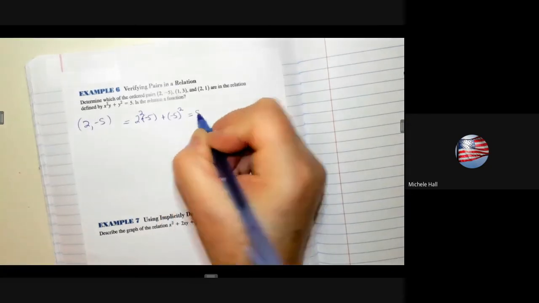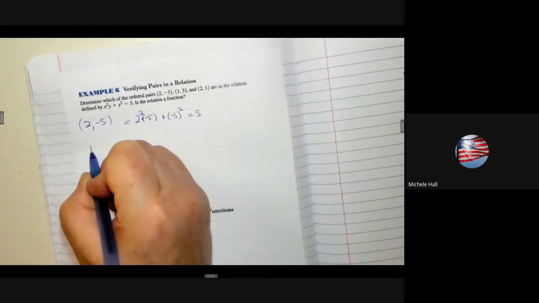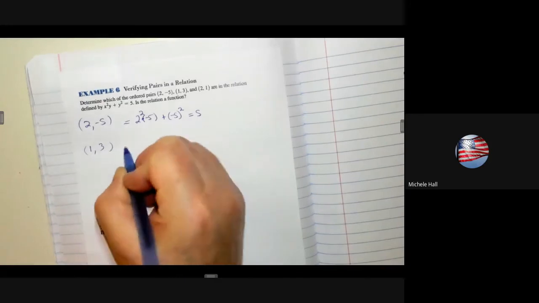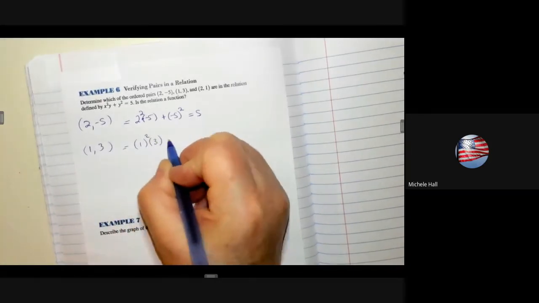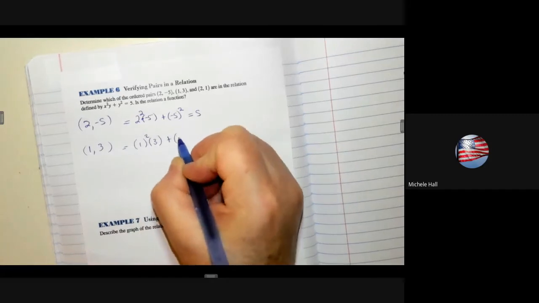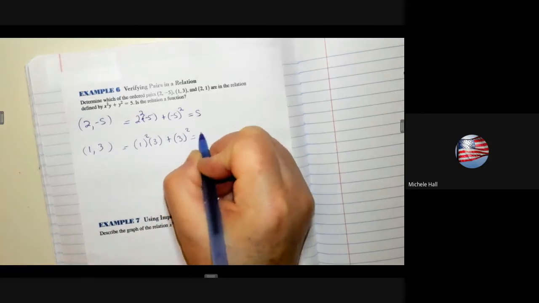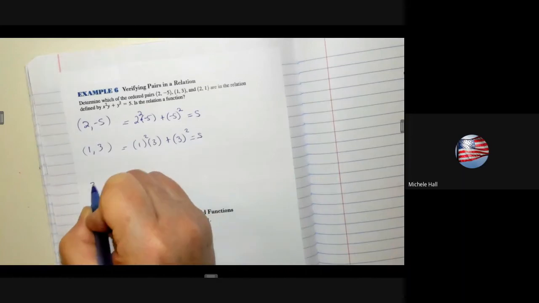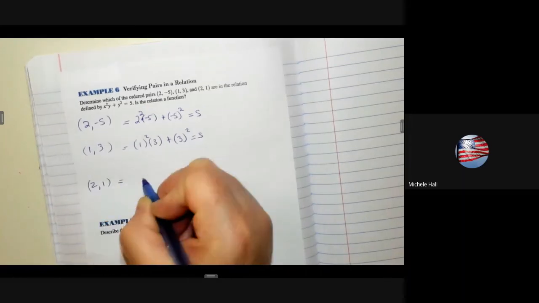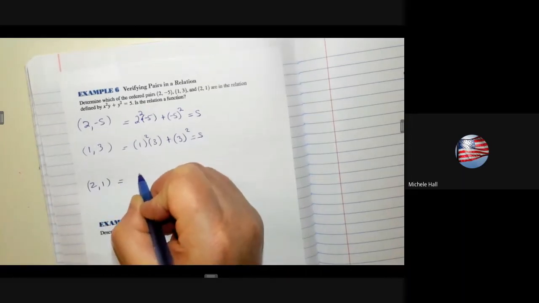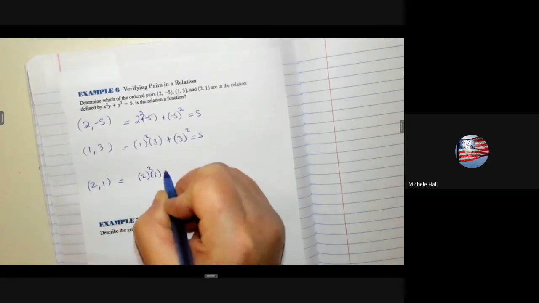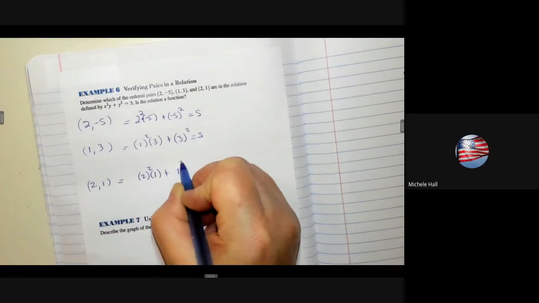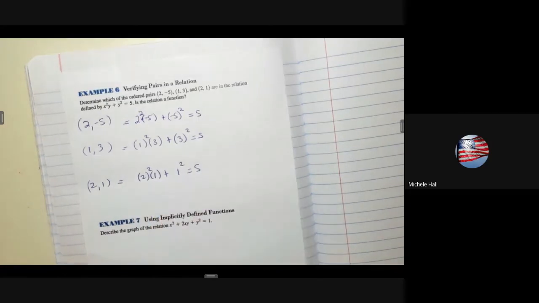Does that equal 5? And 3 would be 1 squared times y plus y squared. Does that equal 5? And 2, 1. So x squared times y plus y squared, does that equal 5?